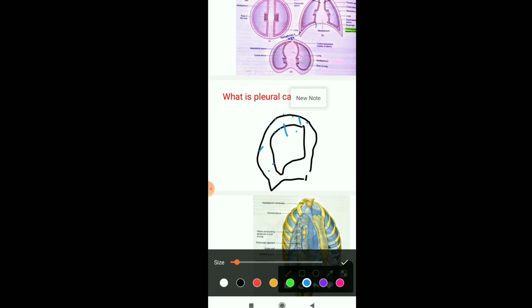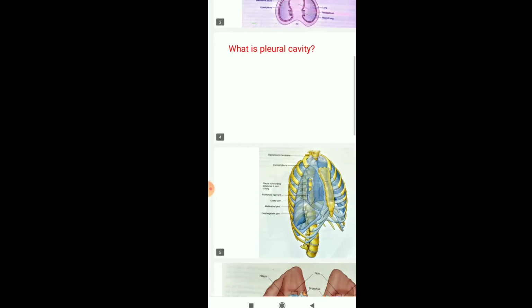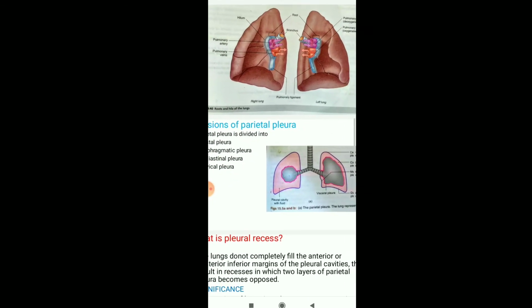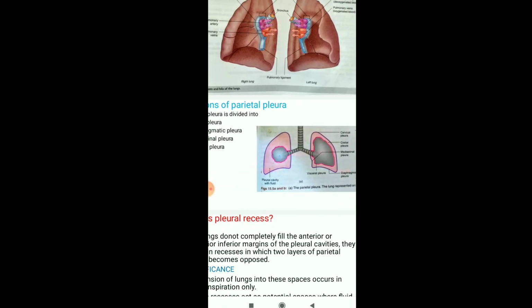You can see that the space is not so prominent, but during pleural effusion, or pleurisy, this pleural cavity is filled with fluid, and this will lead to inflammation. In this diagram also, you can clearly see the pleural cavity.